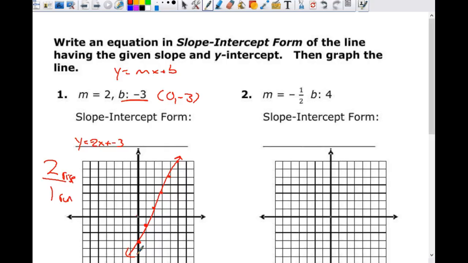Alright. Let's move on to this one. We have slope-intercept form, and this is going to be y is equal to our slope of -1/2 times x plus 4. Let's plug it into the equation.